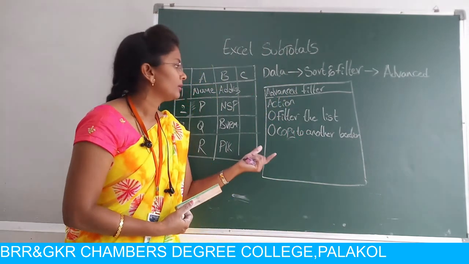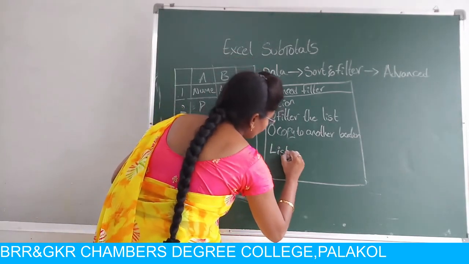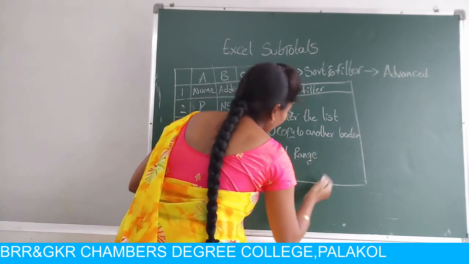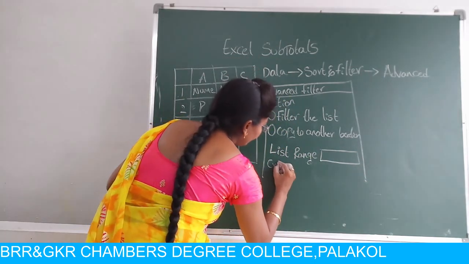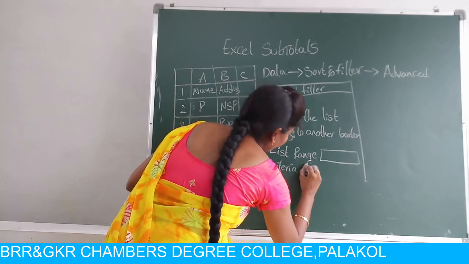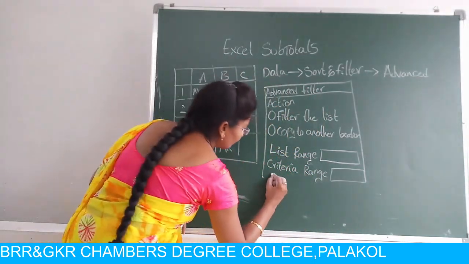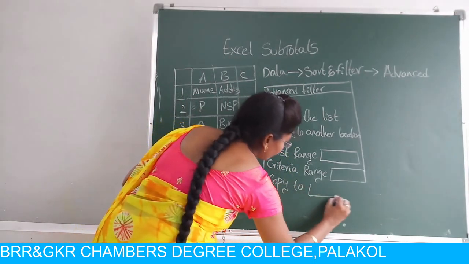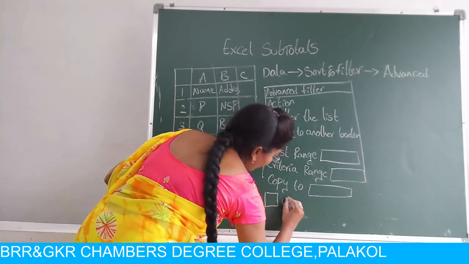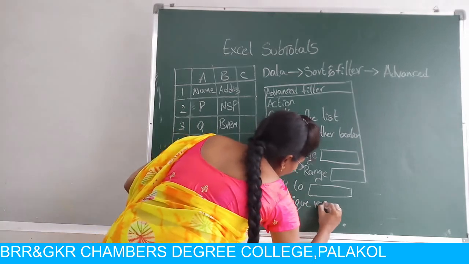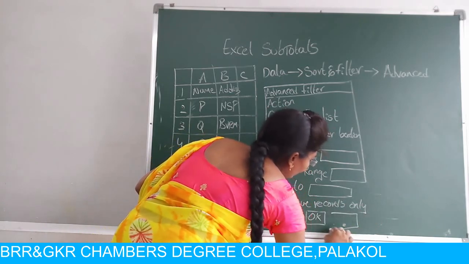The next option in this Advanced Filter is list range, and criteria range, and the next option is copy to, and then the checkbox for unique records only, and at last you can see the OK button and the Cancel button.